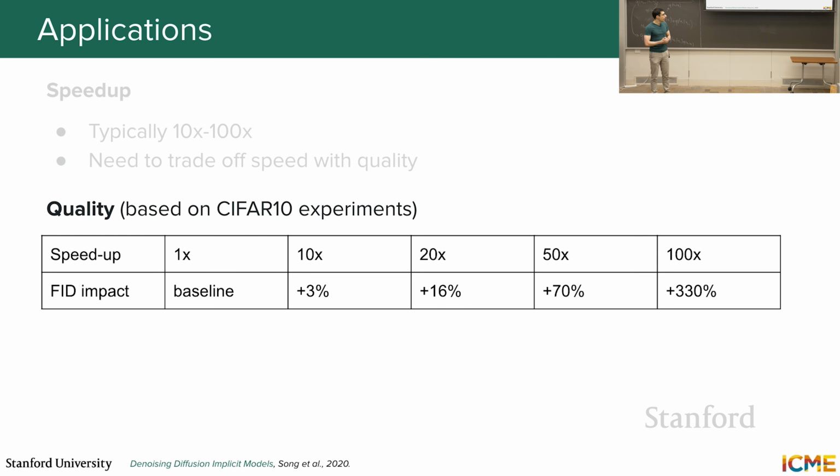And so the absolute values don't necessarily mean much, but we can see the impact on quality based on relative differences. And you can see that you can speed up the process by taking S of size such that at 20x, you're not too far from the baseline of not skipping steps at all.